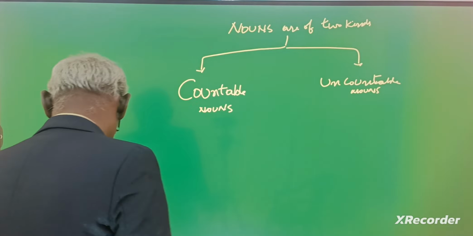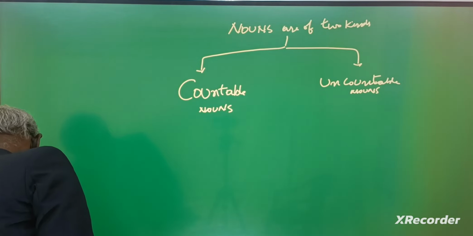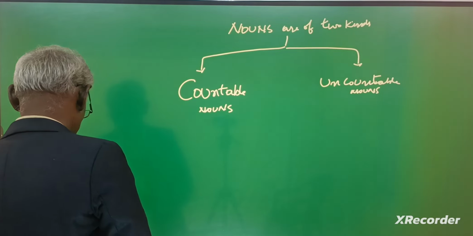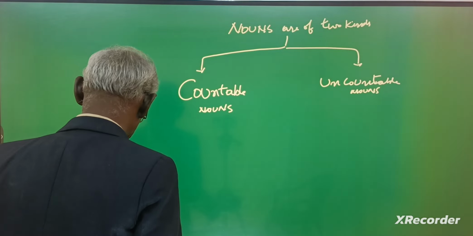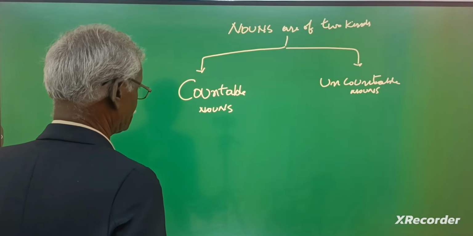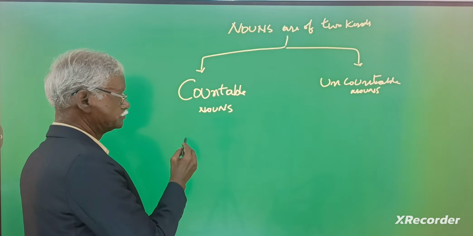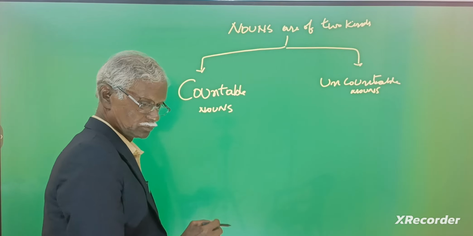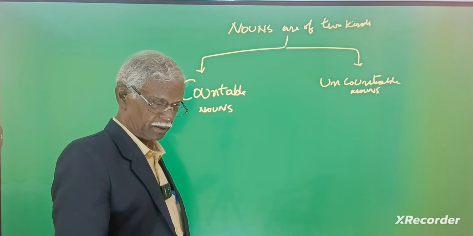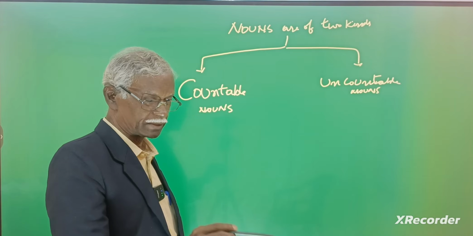So, which are called countable nouns? For example, suppose a pen is placed on the table.